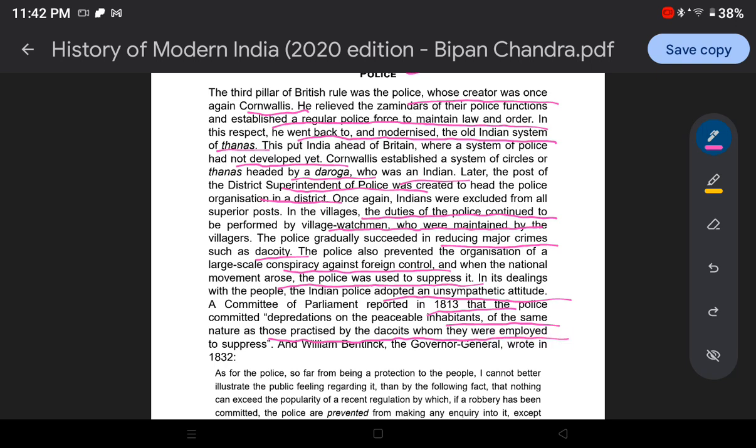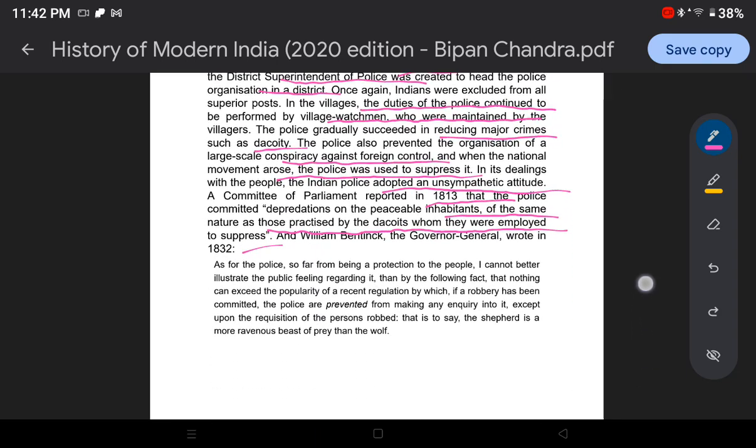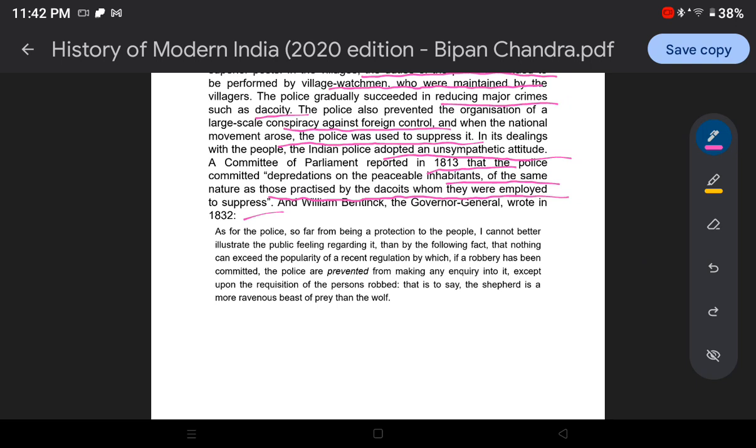William Bentinck, the Governor General, wrote in 1832, "As for the police, so far from being a protection to the people, I cannot better illustrate the public feeling regarding it than by the following fact, that nothing can exceed the popularity of a recent regulation by which, if a robbery has been committed, the police are prevented from making any inquiry into it, except upon the requisition of the persons robbed. That is to say, the shepherd is a more ravenous beast of prey than the wolf."